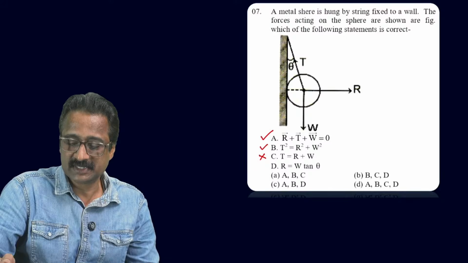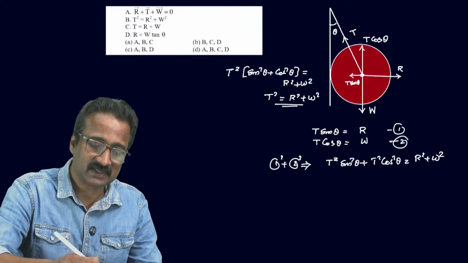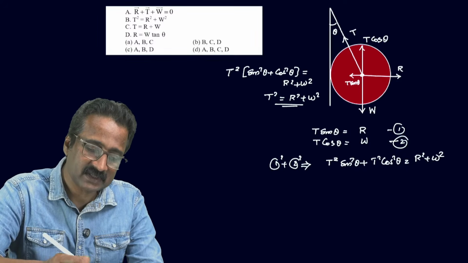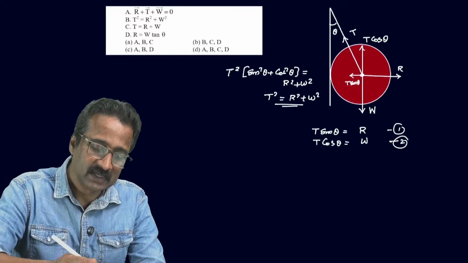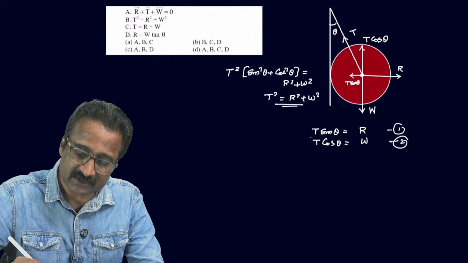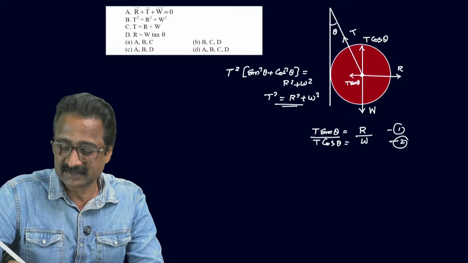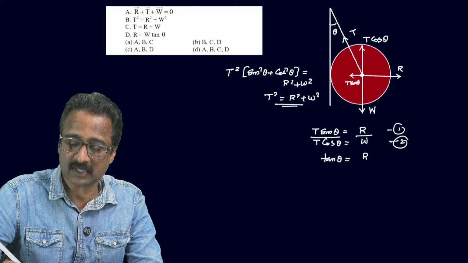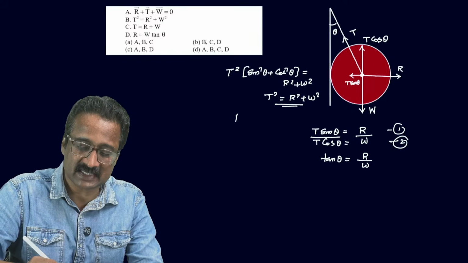Now what about D? R equal to W tan theta. Let's try that. I will suggest a few other calculations with equations 1 and 2. Let's try and divide them. If you divide equation 1 by 2, you'll have sin theta by cos theta, which is tan theta, on the left side, equal to R divided by W. Now, when you cross multiply this, you'll see that R is equal to W tan theta.